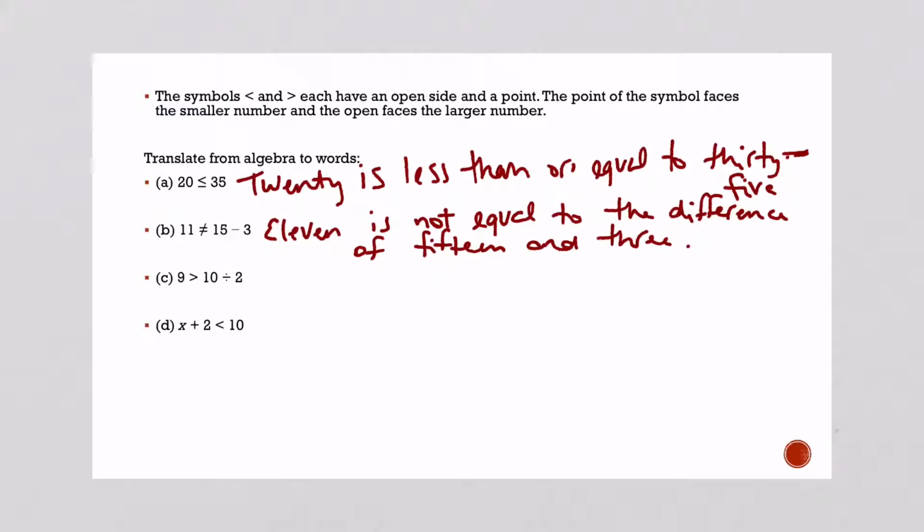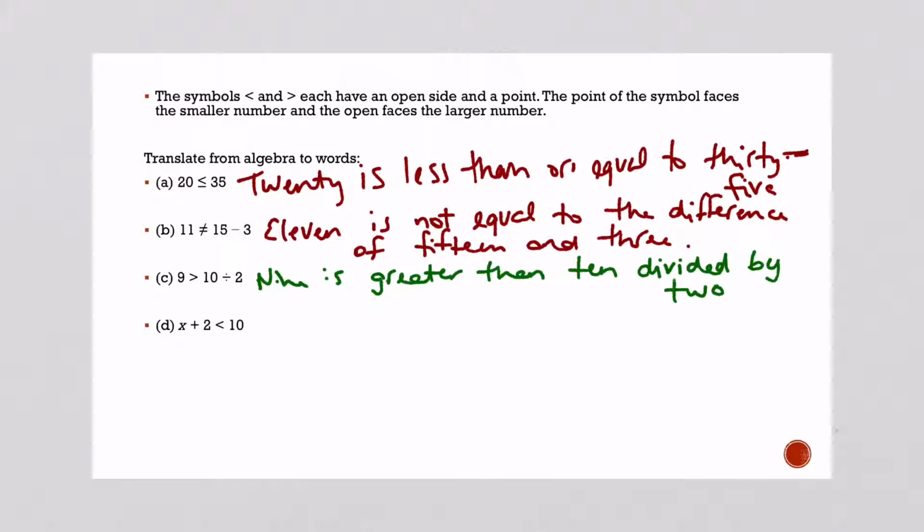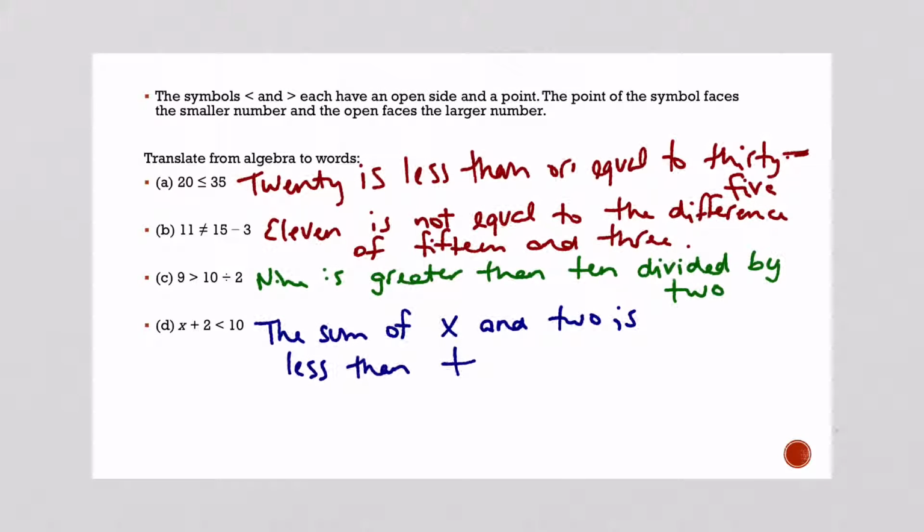Okay, on the next one, I would say 9 is greater than 10 divided by 2. And on this last one, I would say the sum of x and 2 is less than 10.